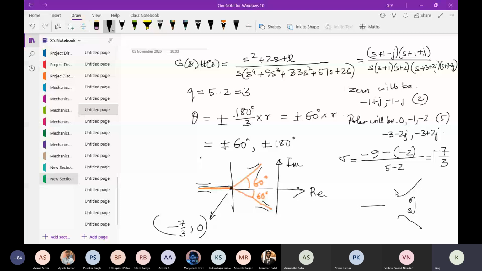There is a pole out here, there is a pole out here, and two further poles on the real axis. And this will be the centroid, where your two asymptotes intersect.